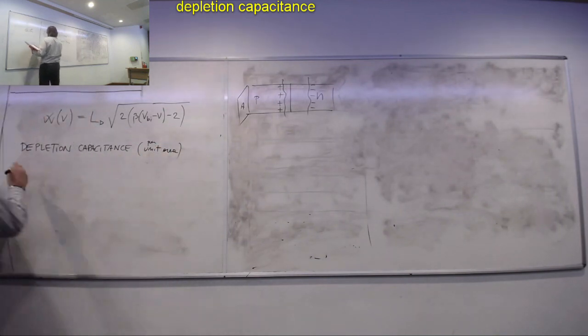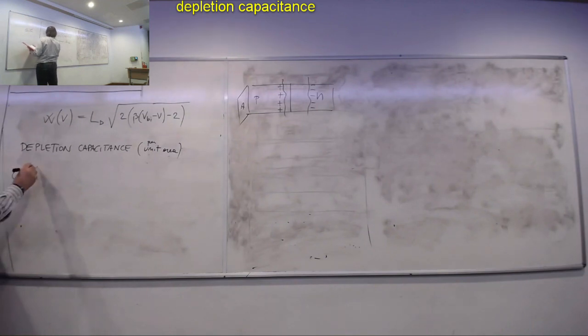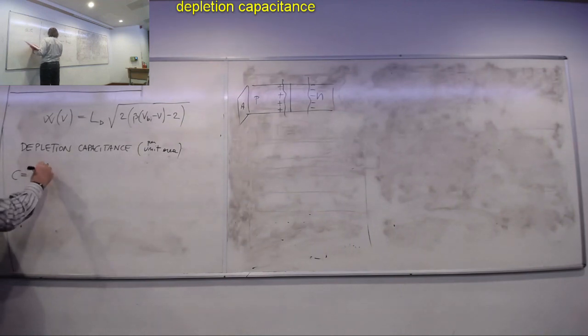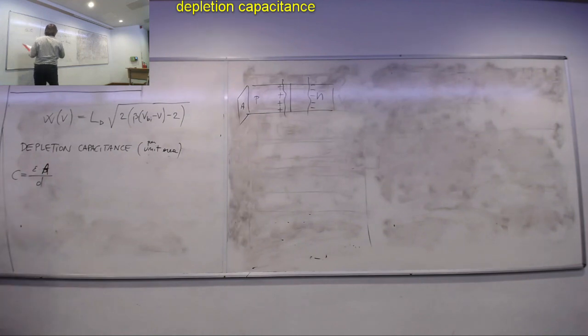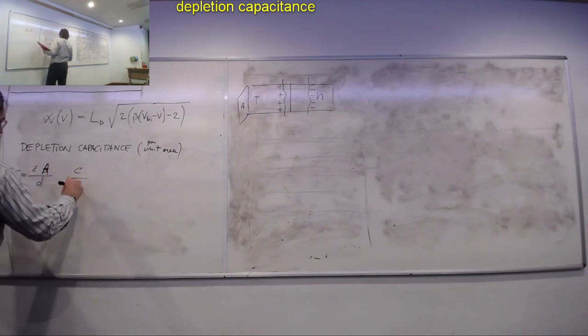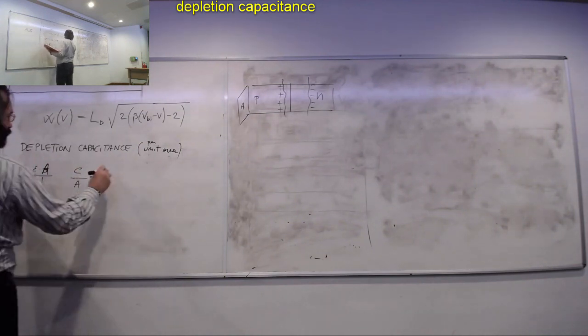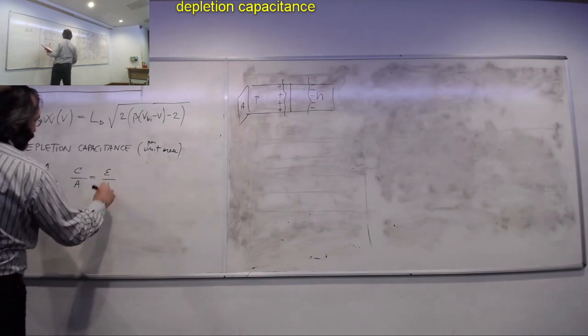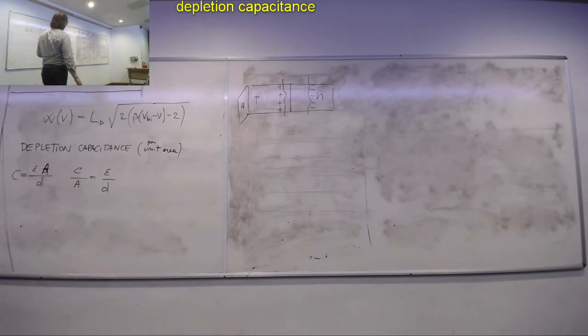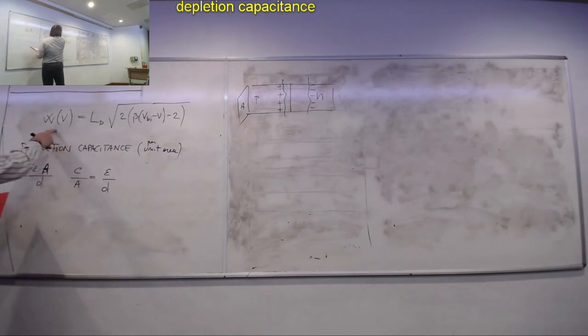Remember that the capacitance C generally is defined as the dielectric constant of the material times the area of the plates divided by the distance of the plates. So what we are doing now is calculating C over A, which generally is epsilon over D. The only thing is that in our case, instead of D, we have to use W.